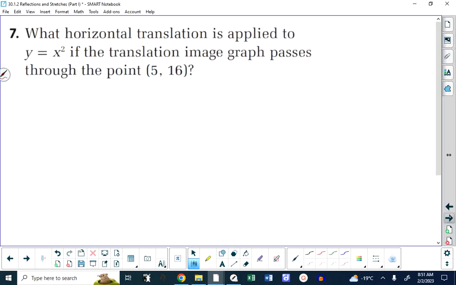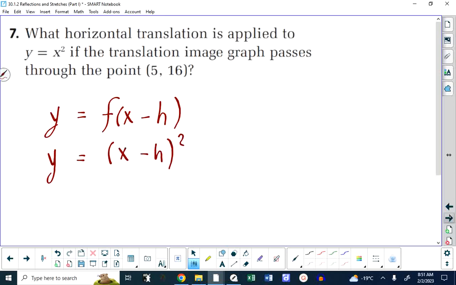Similarly, if you have this situation, what horizontal translation is applied? Well, you know that a horizontal translation results in this new function. So since the function is f of x equals x squared, you would have (x minus h) quantity squared. But again, you're given the coordinates of a point, namely (5, 16), which means that when you put 5 in for x, you have to get 16 for y.